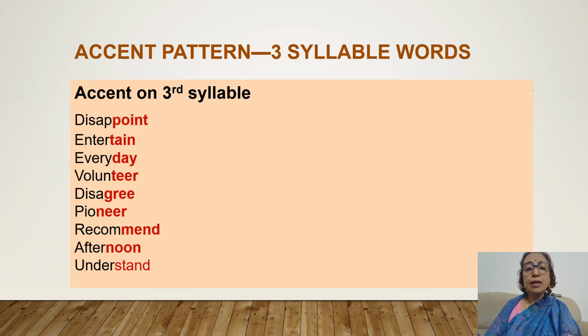Understand, under, no stress, stand. So you have disappoint, entertain, every day, volunteer, disagree, pioneer, recommend, afternoon, understand. That is how, when it is used in a sentence, you have to keep this pattern of stress. That is also very important.